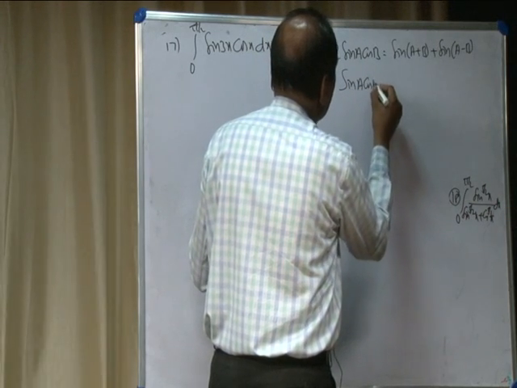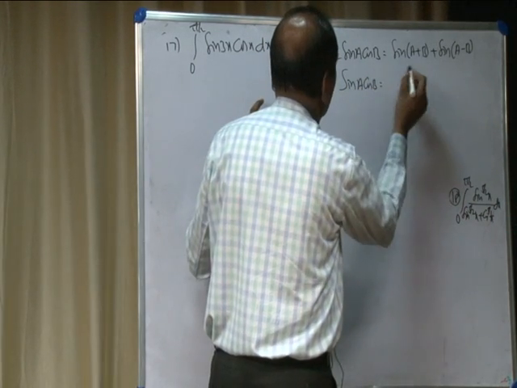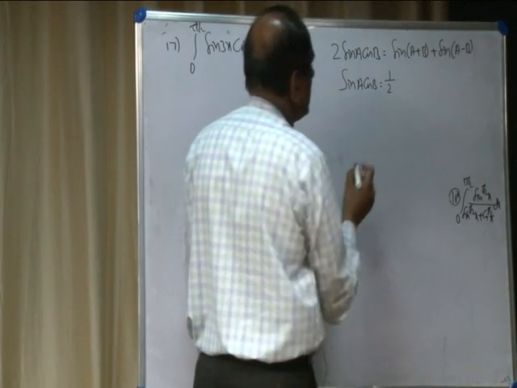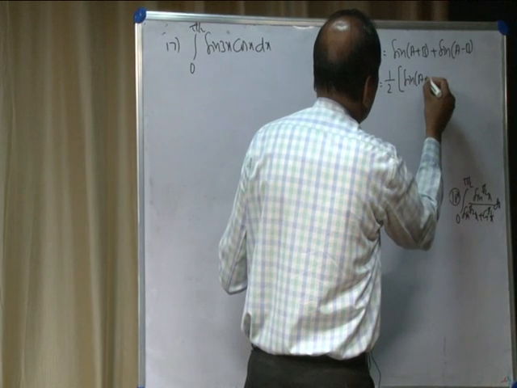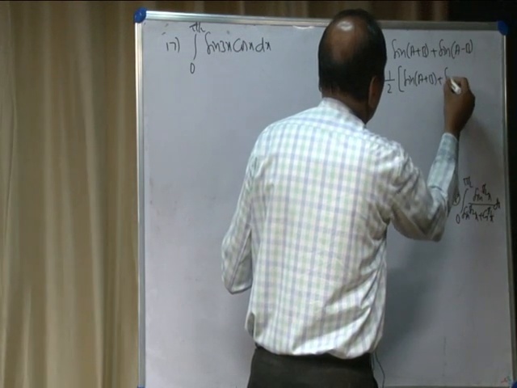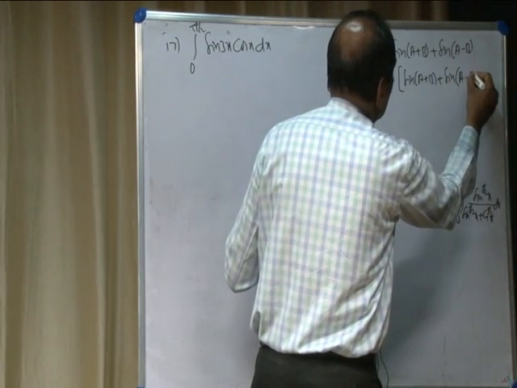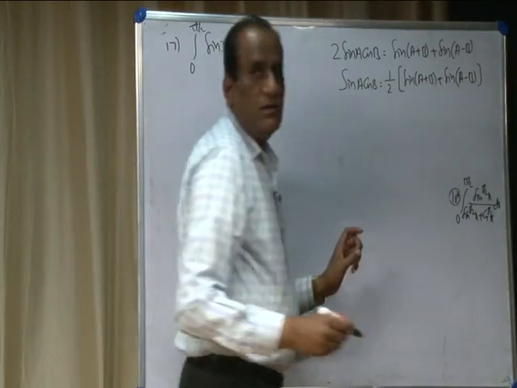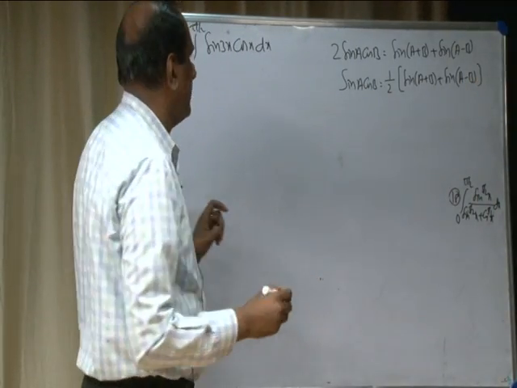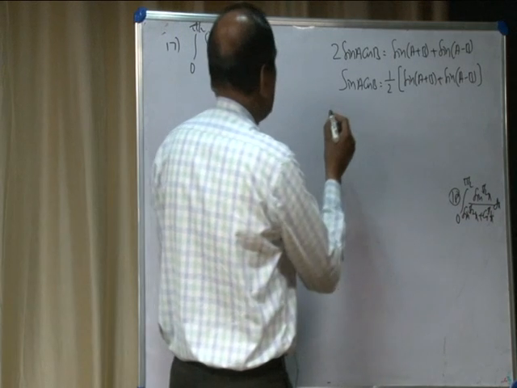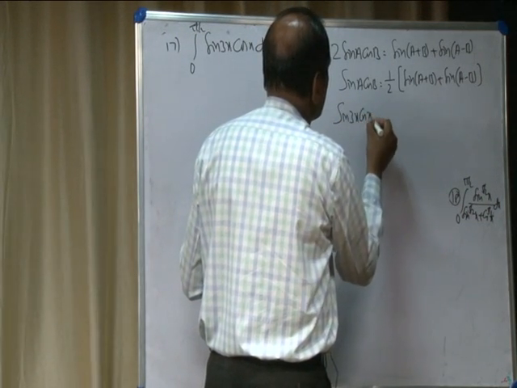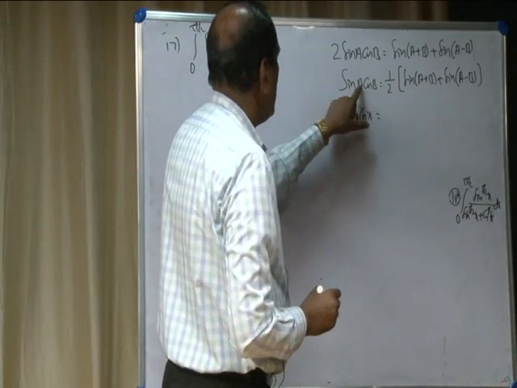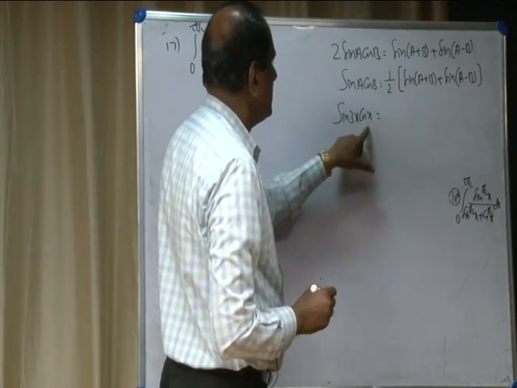We want only sin A cos B. Taking the 2 to the RHS, sin A cos B is equal to half into sin of (A plus B) plus sin of (A minus B). Now, sin 3x cos x: A is equal to 3x, B is equal to x.